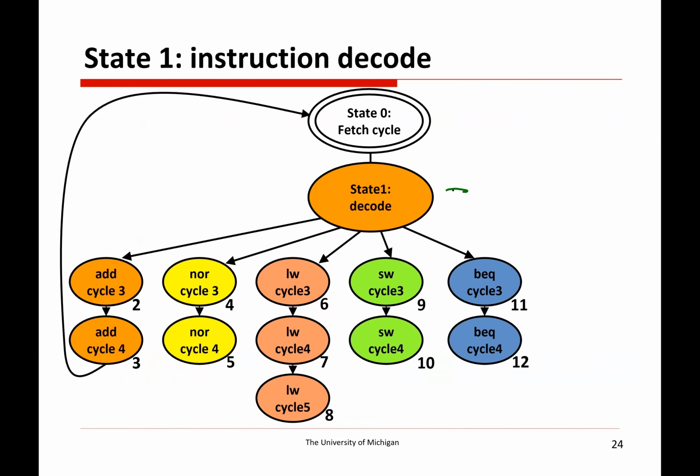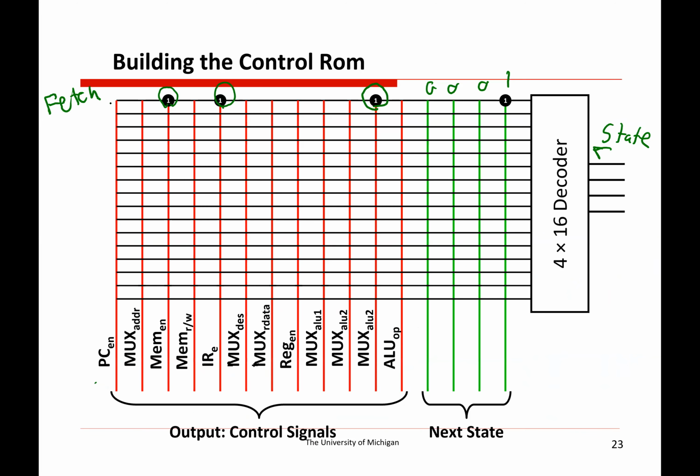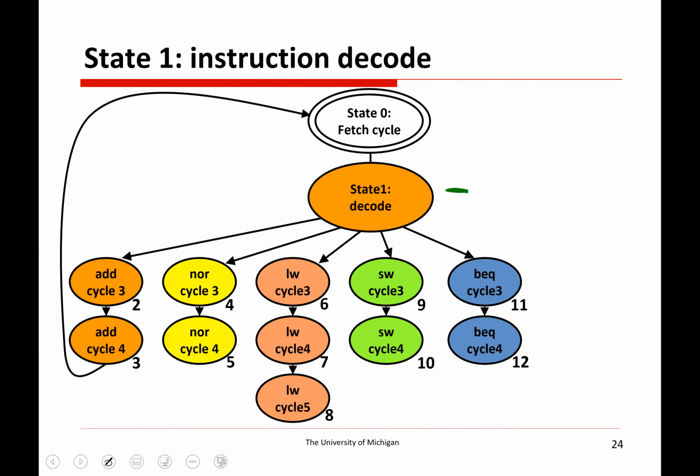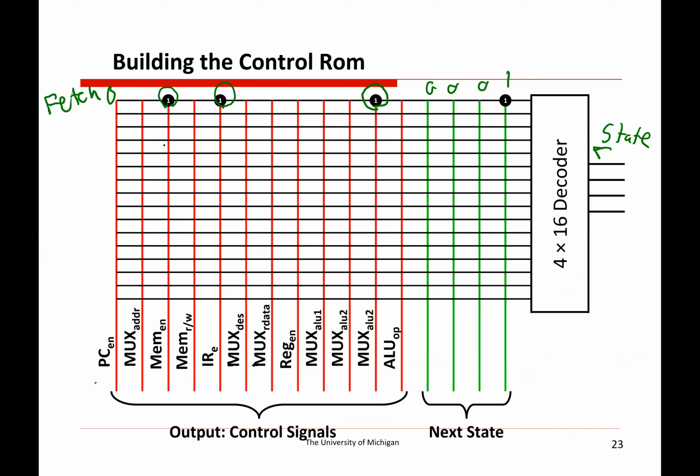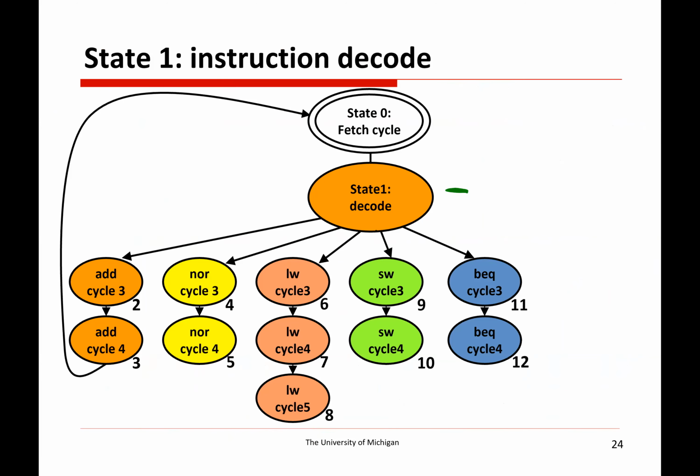Each state of this diagram corresponds to a row in that ROM. So the first one corresponds to row 0, which is the fetch cycle. The second one corresponds to state 1, which is the decode. Each of these states corresponds to a row where we're driving the output logic and the next state logic. The same way that when we had our finite state machine for the vending machine, each state had its own row in that.